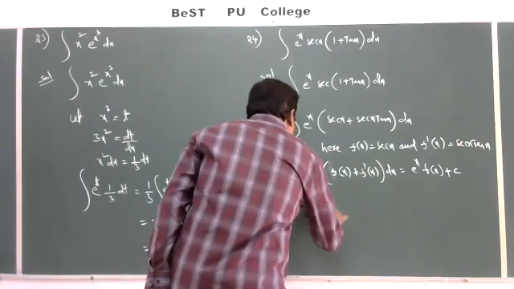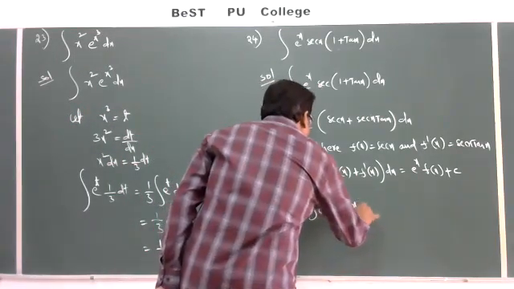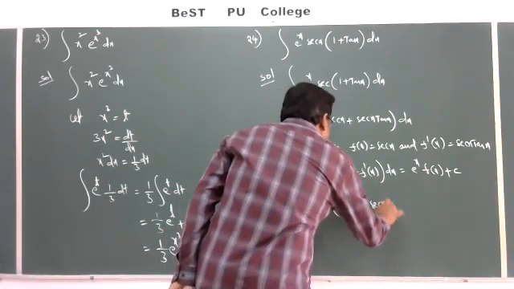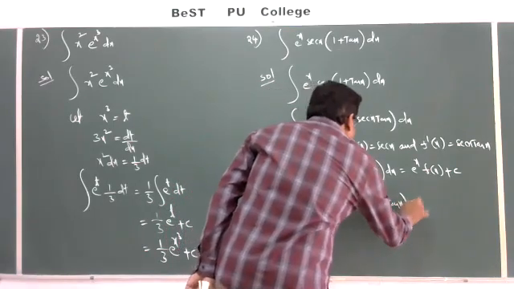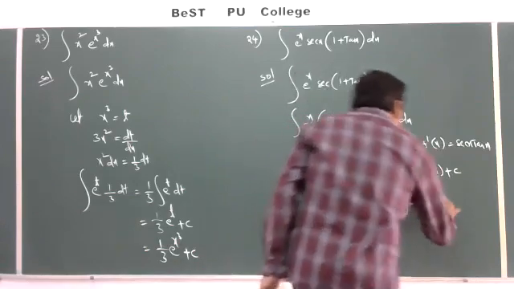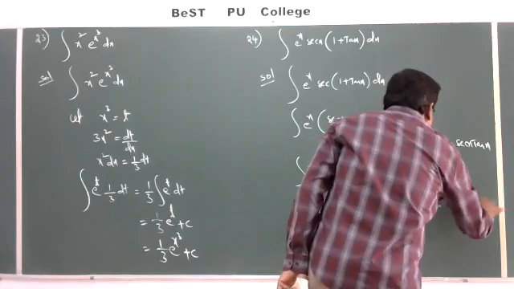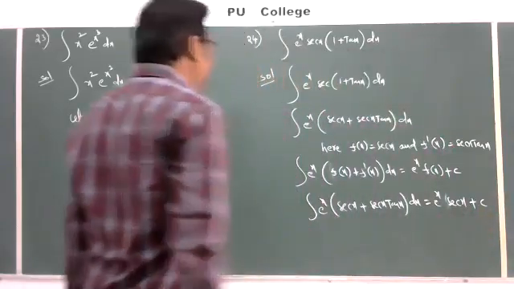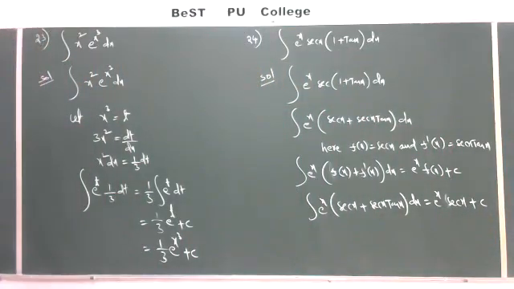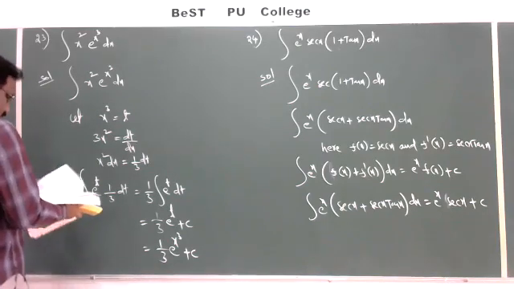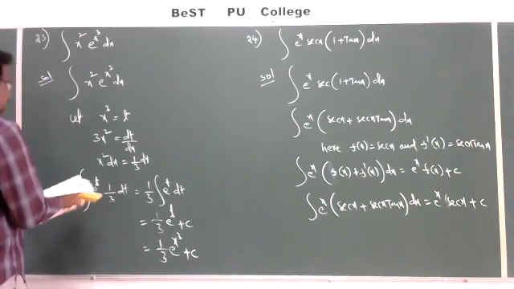That is, integral e power x into secant x plus secant x into tan x dx is equal to e power x into secant x plus c. That's completing the 7.6 exercise.